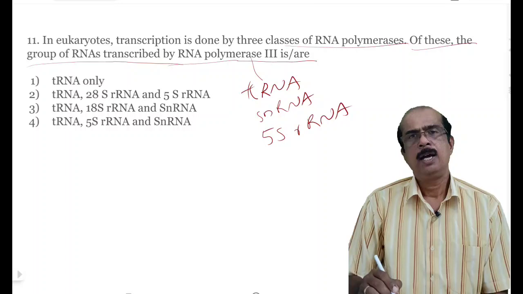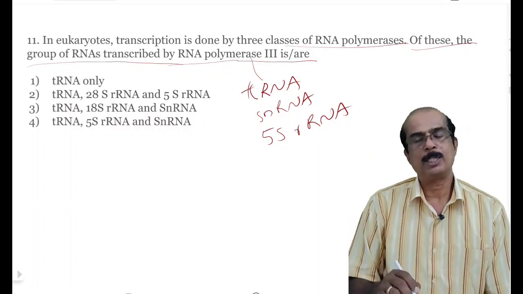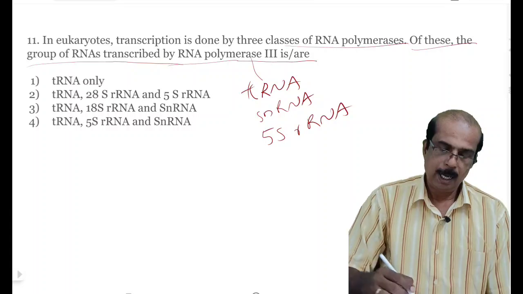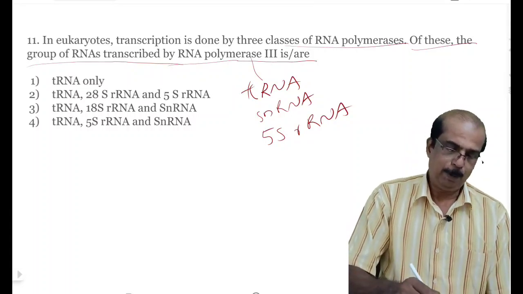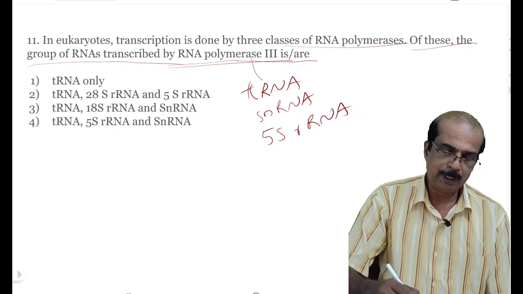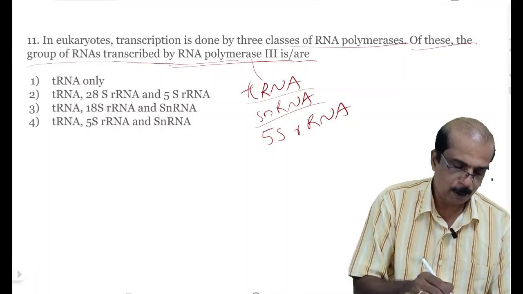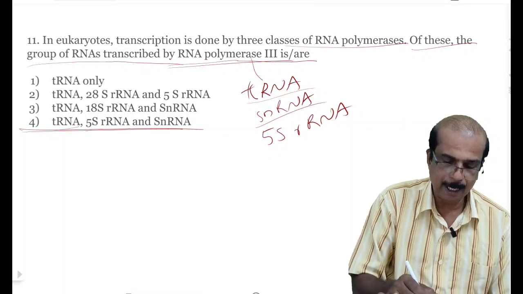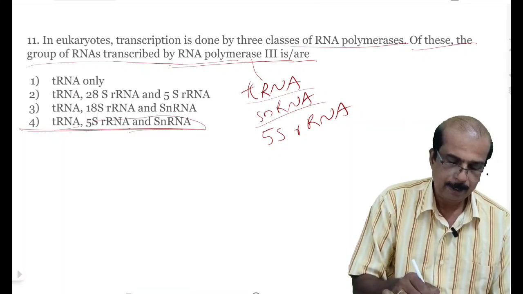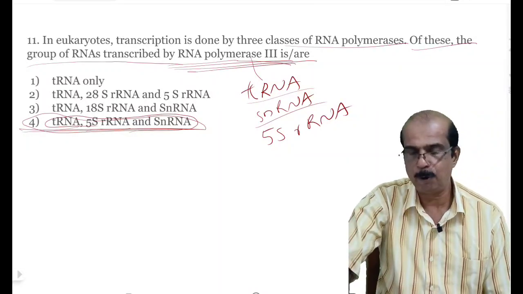In eukaryotes, the other rRNAs are formed by RNA polymerase 1, but 5S rRNA is transcribed by RNA polymerase 3 along with tRNA and small nuclear RNA. So our answer is option 4: tRNA, 5S rRNA and snRNA are transcribed by RNA polymerase 3.